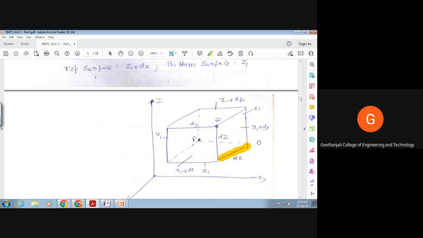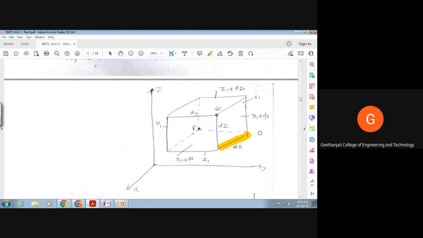Now how are you going to identify these 6 surfaces? In fact, there are 2 ways of identifying the surfaces. What exactly I mean is, suppose you look at the front surface, does it represent y is equal to y1 constant or does it represent z is equal to z1 constant? So how are you going to map these 6 surfaces?